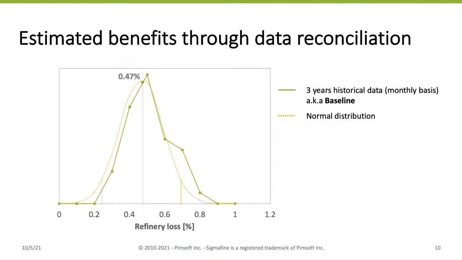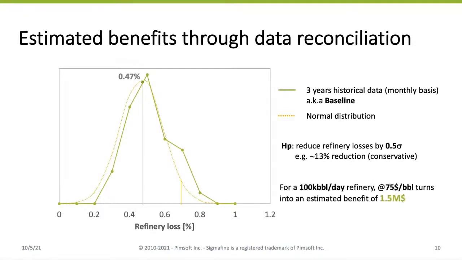If the expectation is to reduce the losses by an amount which is half the current standard deviation, this would translate into a benefit of $1.5 million, considering a 100,000 barrels per day refinery and a crude price of $75 per barrel. Again, this is the benefit you might achieve by applying data reconciliation without taking into account changes in instrumentation. How is this possible?